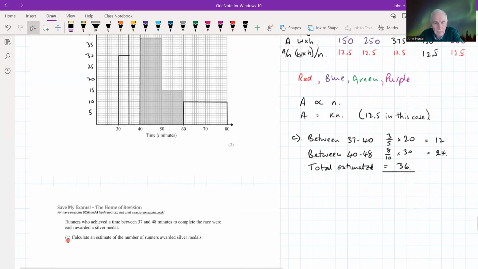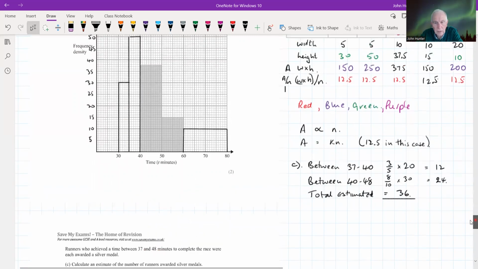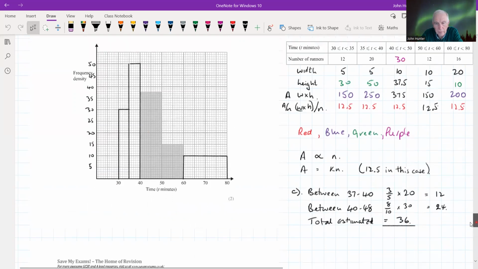It says calculate an estimate of the number of runners awarded silver medals, where runners who achieved a time between 37 and 48 were given a silver medal. So what we're looking at is our frequency on the page between 37 and 48.